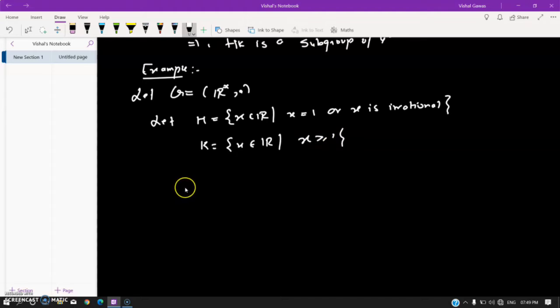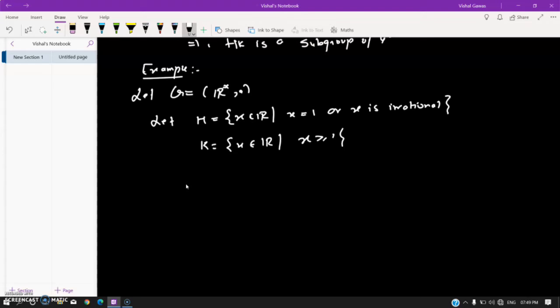So I'm taking H to be the set of all elements where either x has to be 1, that is the multiplicative identity, or it has to be irrational, and K is the set of all elements which are bigger than or equal to 1.